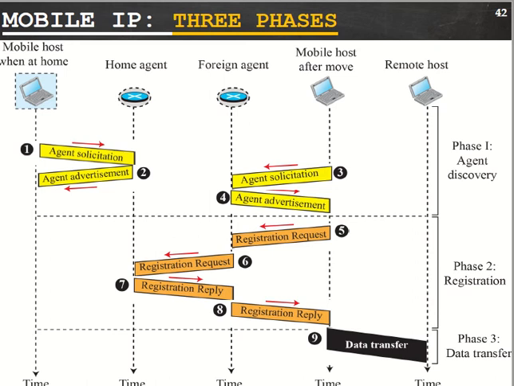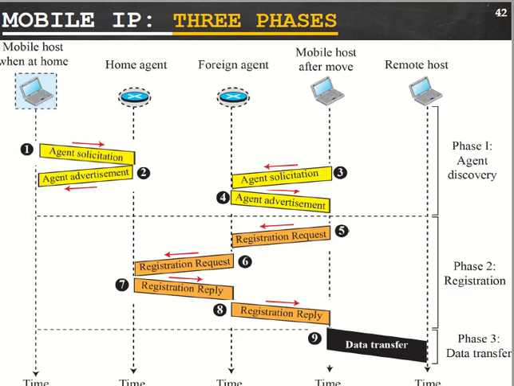In the third phase, along with the mobile host, foreign agent, and home agent, it is going to involve the remote host too. So these are the three different phases and the agents and hosts involved in the operation. Now let us study agent discovery, registration, and data transfer.